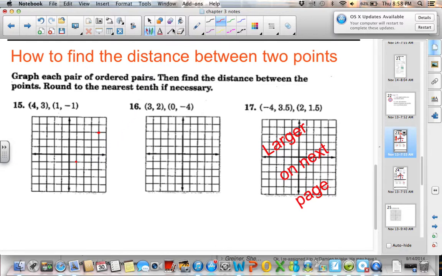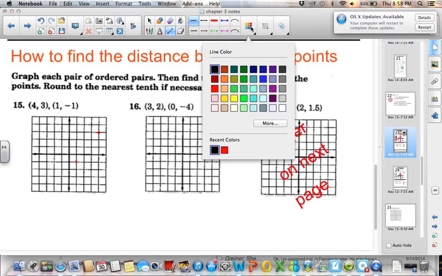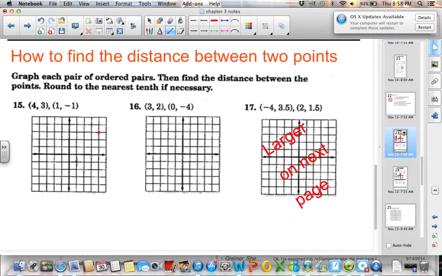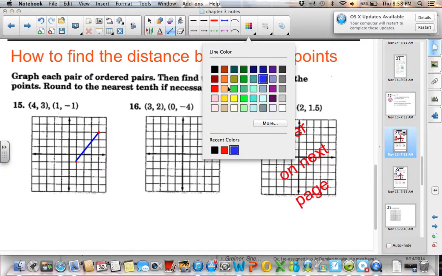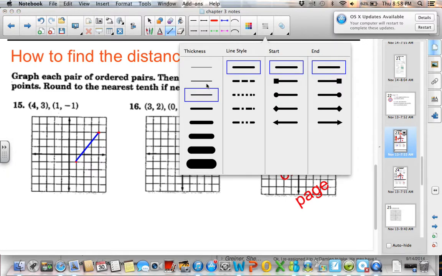Okay? I want to figure out, let's do a different color here, the distance from here to here. Well, the way that I can do that is to make a triangle. I want to make my line just a little bit thinner. So as you can see, I have a diagonal line right here.